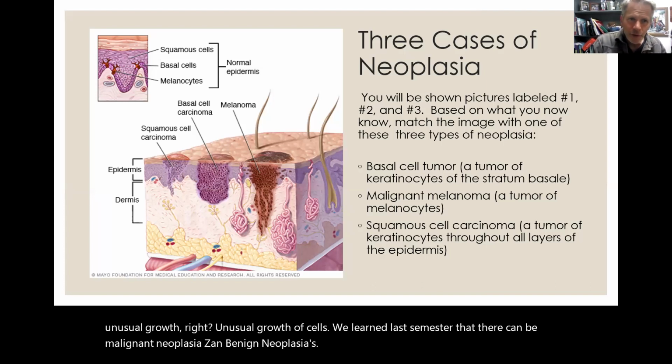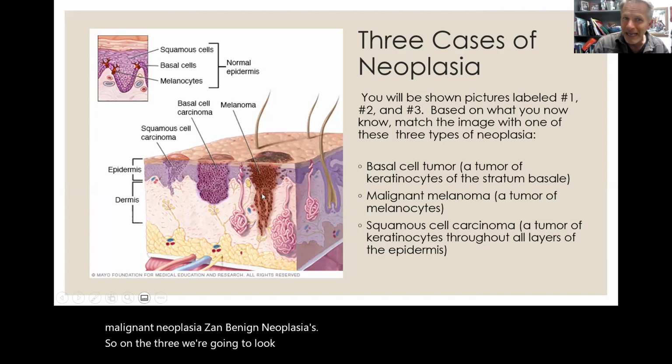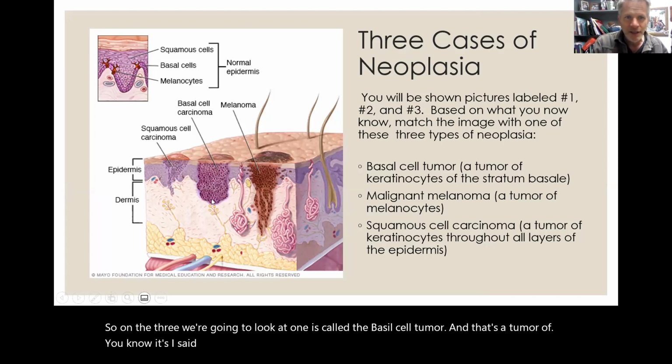So the 3 we're going to look at, one is called the basal cell tumor. And that's a tumor of the keratinocytes, that's the definition of the stratum basale. Now the stratum basale, that's that deepest layer.